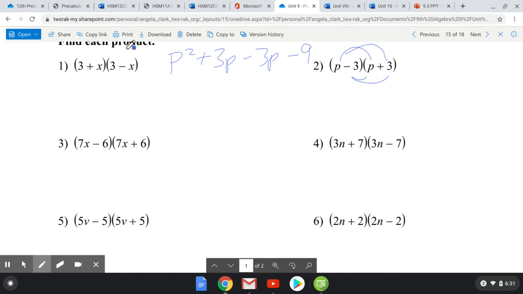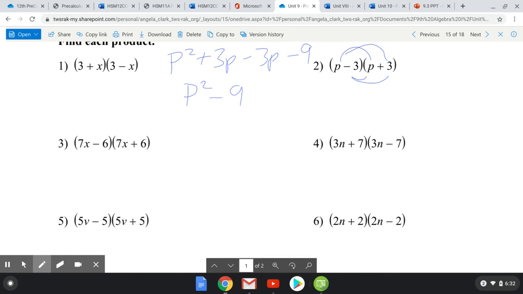We can simplify this by adding like terms. Positive 3P plus negative 3P is 0, and they both have P's, so I can combine them. These end up canceling each other out, that would be 0P. So my final answer is just P squared minus 9.